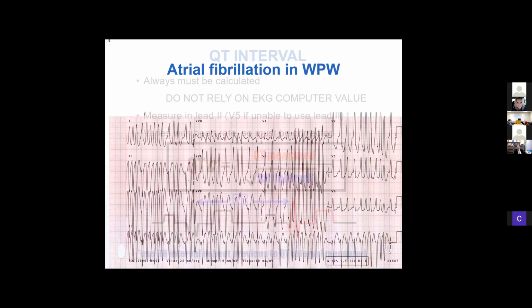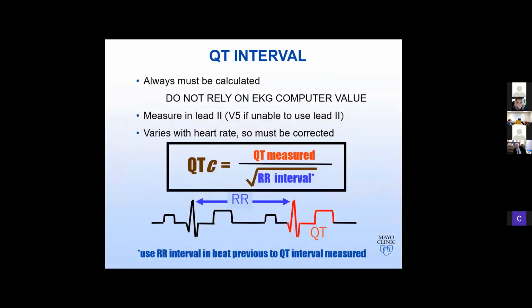So this is just something that you should imprint in your mind as a finding that we will sometimes see. So at Mayo Clinic, we love the QT intervals, and we have some world experts in this, but I'm going to briefly talk about this. So just realize the computer is terrible at determining the QT interval. In fact, we read the QT on pretty much every ECG that we determine because the computer's really not good.